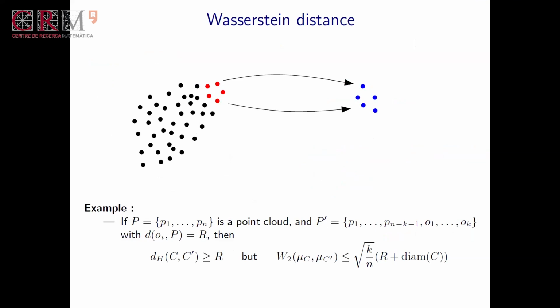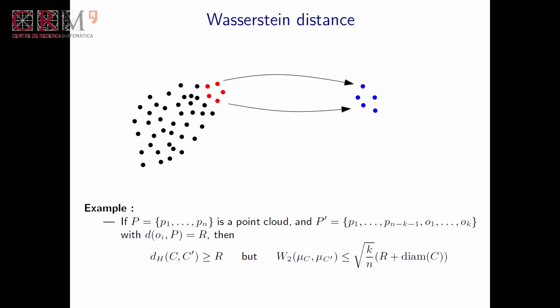The first one is the sum of the Diracs, which is made of the black points, black atoms, and red ones. And then for the second measure, nu, I take exactly the same point cloud, except that I take the red points and I move them far away from the black points, at a distance which is some constant r, which is potentially very large.